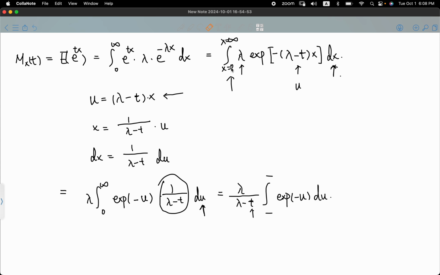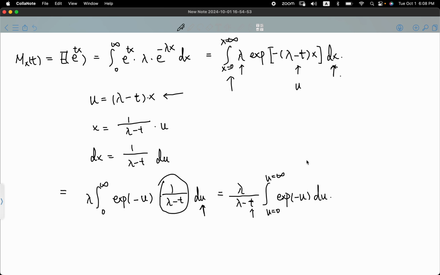So if we plug in x equal to 0 in here, what do you get for u? 0, right? And now for the upper bound, when you plug in infinity for x here, what do you get for u instead? Yeah, it's infinity, right?